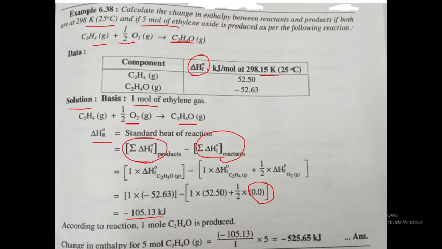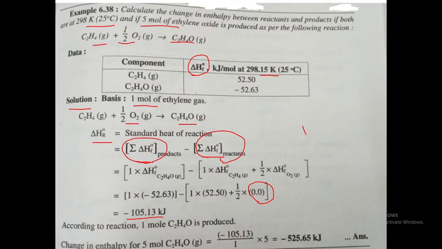Okay. But the problem says 5 moles of ethylene oxide are produced. So what about the standard heat of reaction value? How will we calculate here? This value, minus 105.13 kilojoule, is for 1 mole.